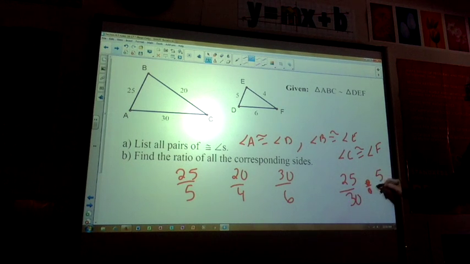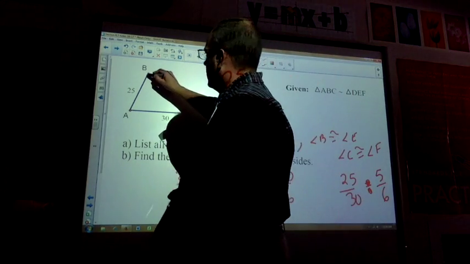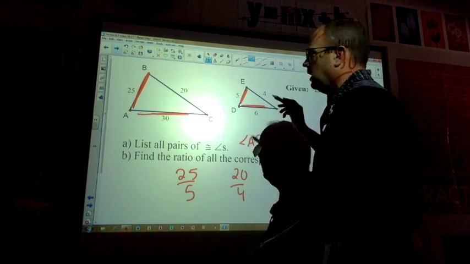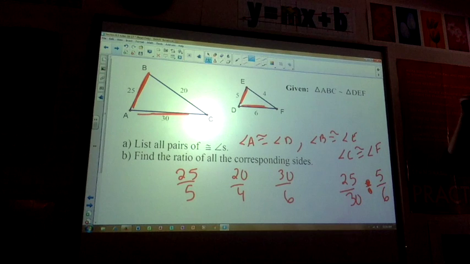Not equal. Could that happen? Yeah, so what I would have done is taken this over this to this over this, keeping the ratio of the letters the same. I could even take the perimeter of ABC and the perimeter of DEF, whatever those are, and that becomes a ratio as well.